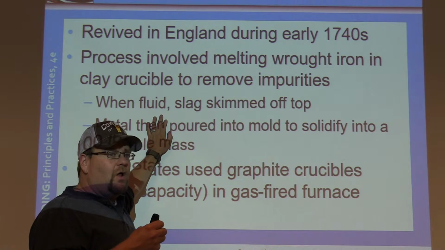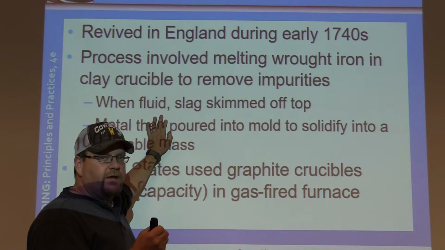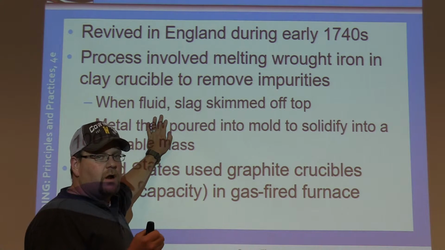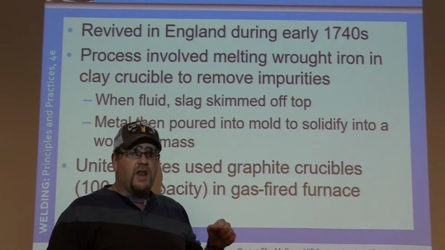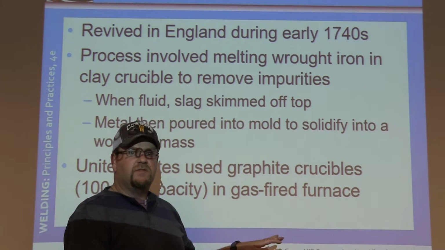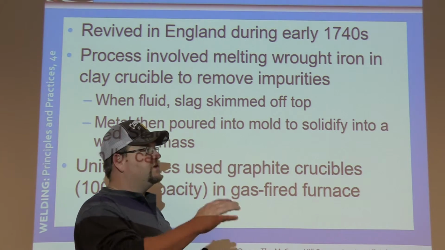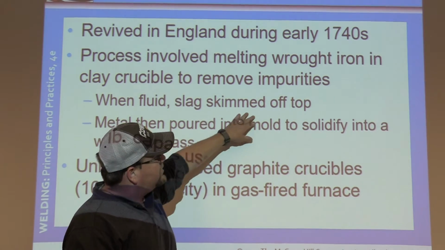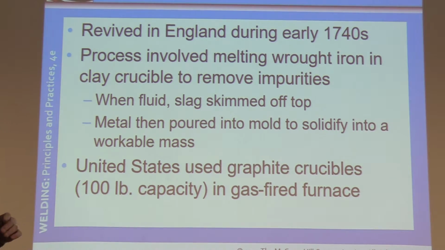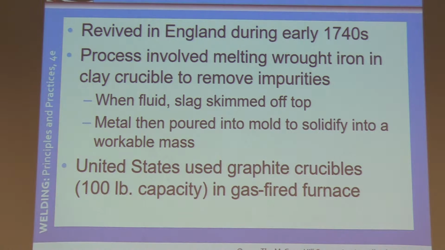So the majority of our alloying, out of the flux and slag we talked about on our shielded metal arc welding electrodes and our flux core arc welding wire, is done out of the flux. So it's melted, added to the fluid so it disperses evenly, finds its home position, and bonds with other chemicals before it solidifies. If it doesn't, then it's considered an impurity and it's brought to the top and skimmed off, all right? Then it's poured into a mold to solidify into a workable piece. Same thing still done today.